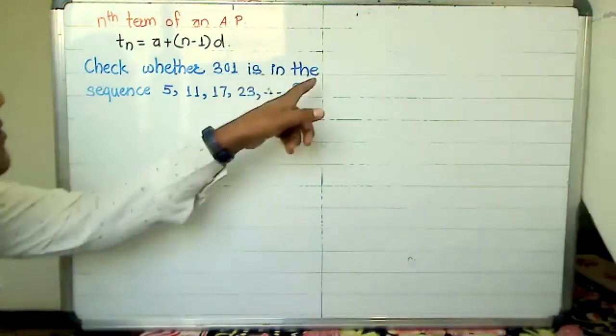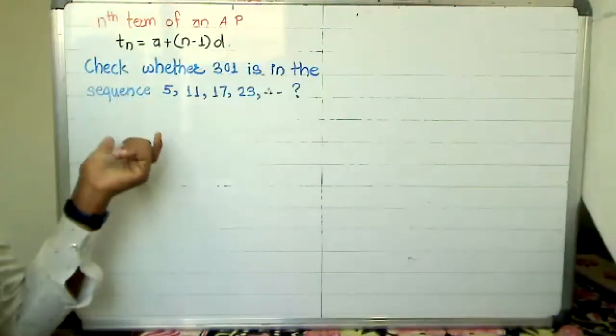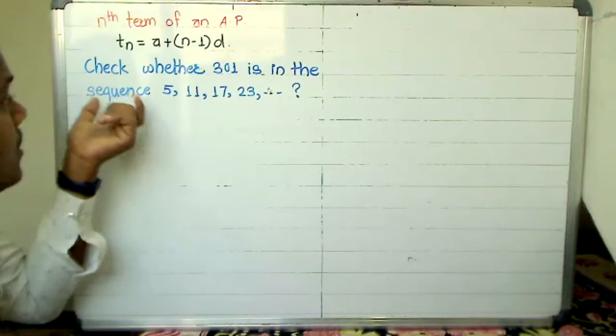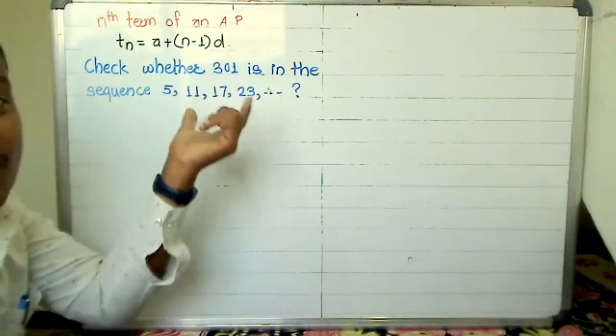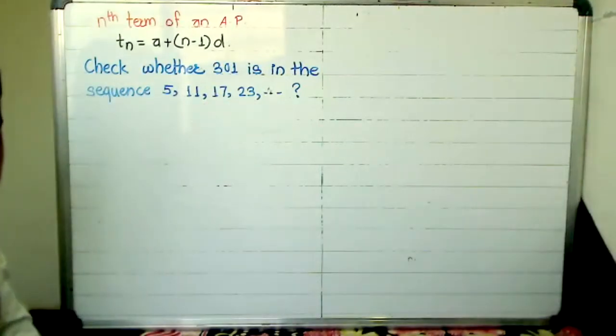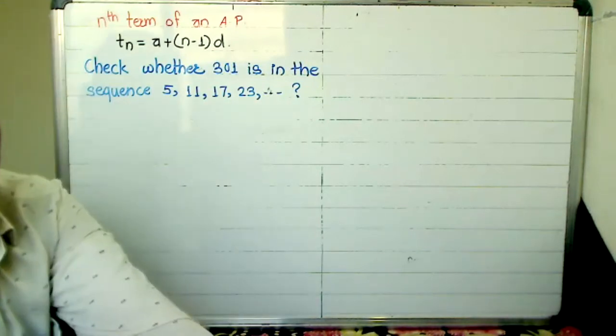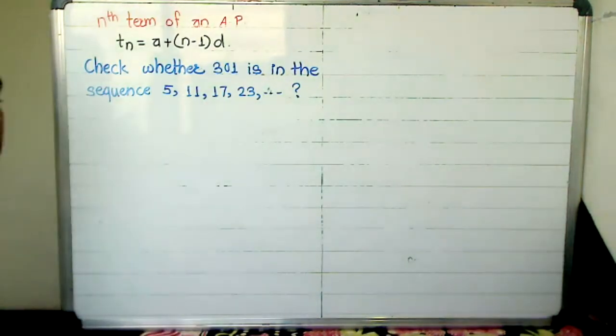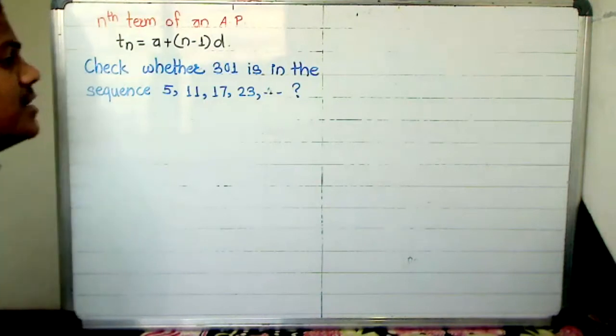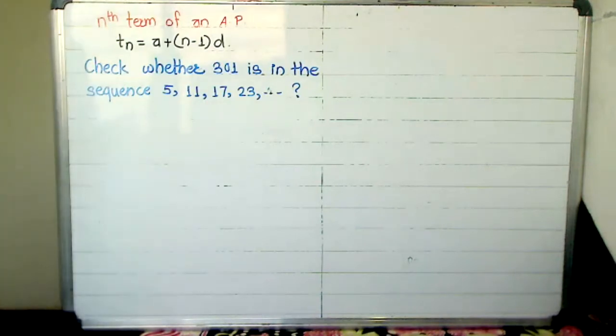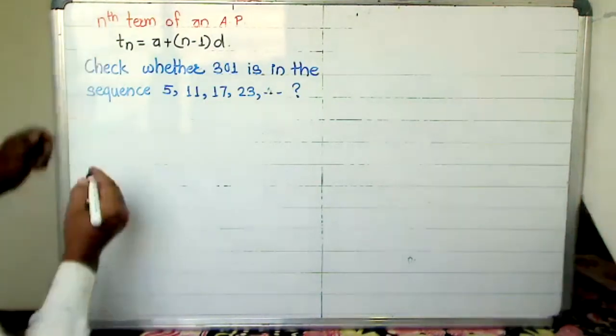Here the word sequence is used, so it means that first of all we need to show that this sequence is an AP.